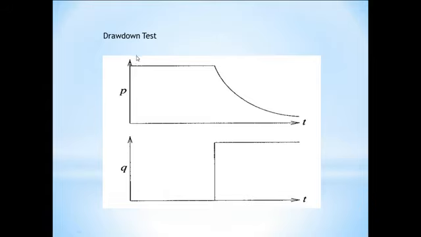Initially the well is shut in as mentioned by the definition of the test. When the well is shut in, the pressure is constant, and at this particular moment in time we decided that we have to flow the well, and the moment we start flowing the well, the pressure starts declining.